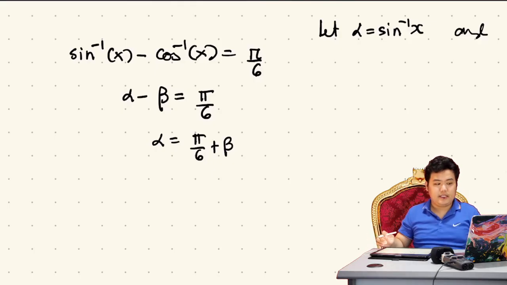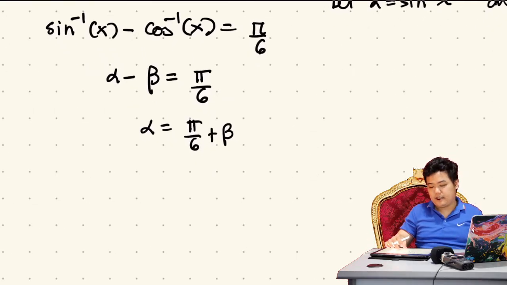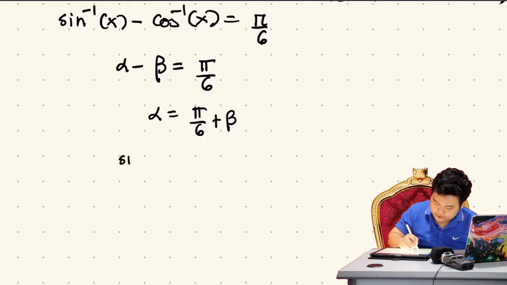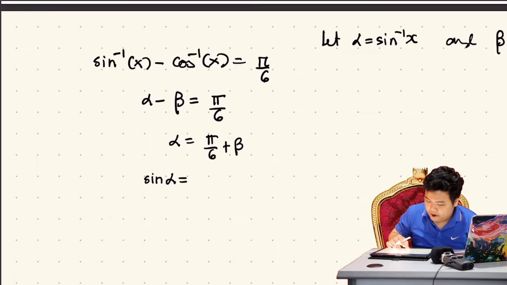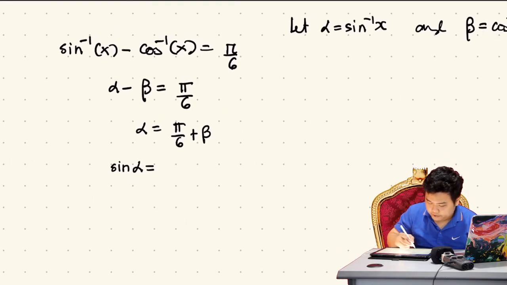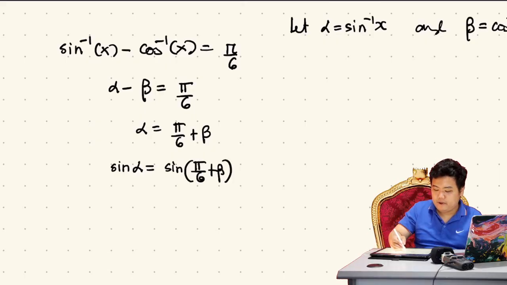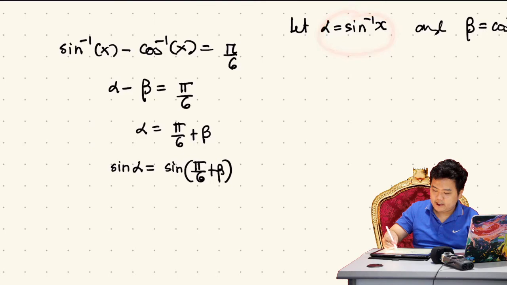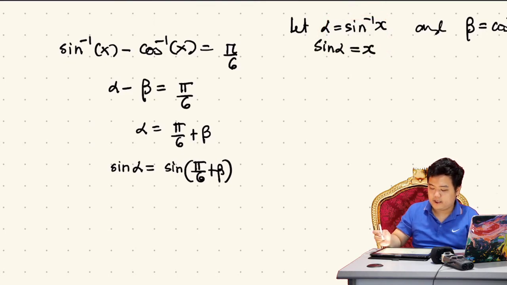So, ang gagawin ko is I will take the sine of both sides. Or pwede rin namang cosine. It depends on you. So, sine alpha is equal to sine pi over 6 plus beta. Okay, but what is sine of alpha? So, from here, sine of alpha is x.